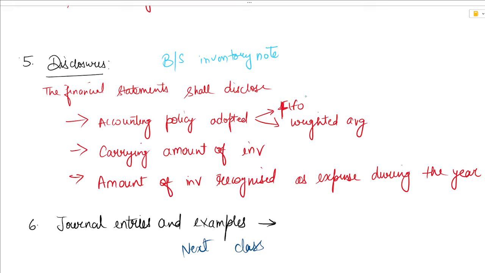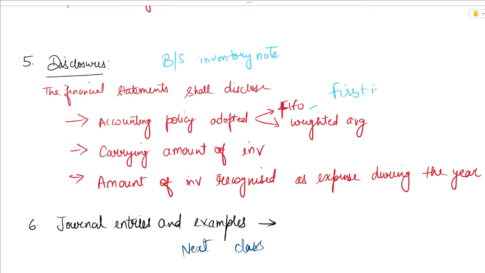You know there is a FIFO method, that is first in, first out. You will calculate the cost of inventory on the basis of the number of units which are left. You are assuming that the inventory that comes first is getting sold first.